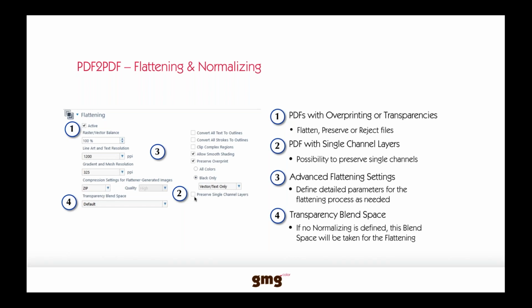Then you can activate preserve single channel layers. The function is that if you have a layer in the PDF, for example, a text layer, which includes only one channel, we will preserve this channel. So we don't color manage these channels, and you can switch the layer off or on afterwards. I will show it to you after this session.